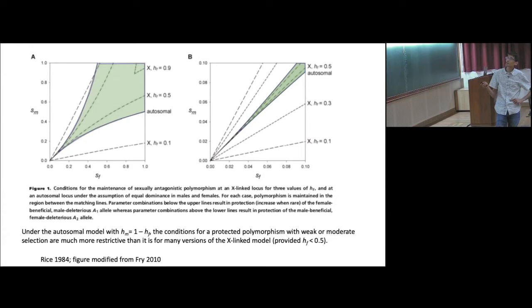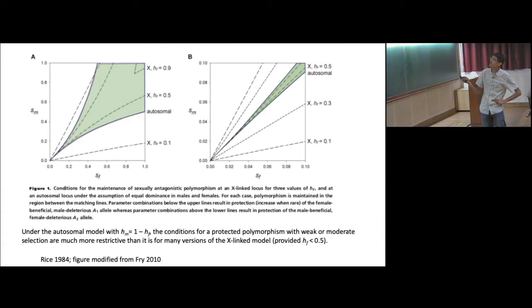And so that's this panel. The panel on the right just shows the same thing, but zoomed in on this weak selection area. Okay, so this goes from 0 to 0.1 and 0 to 0.1 as opposed to 0 to 1.